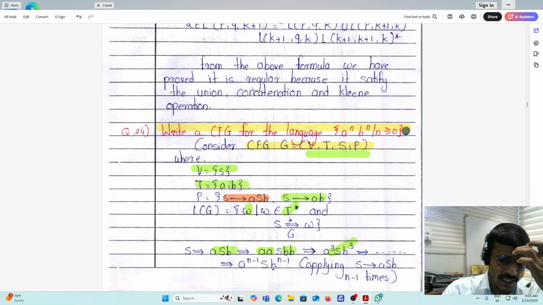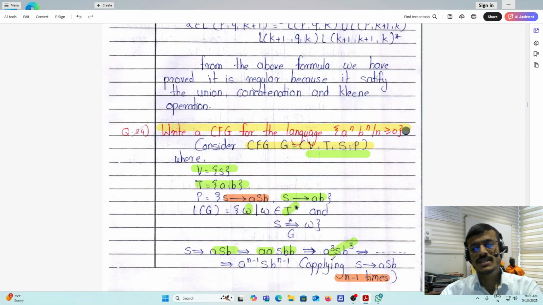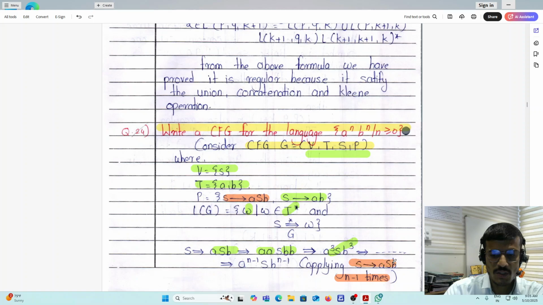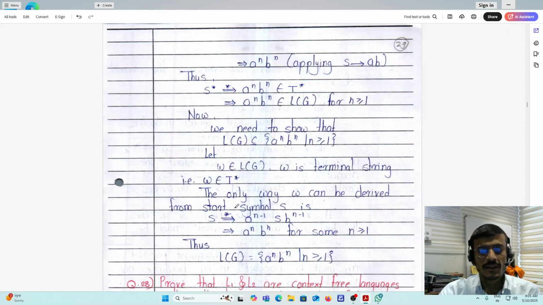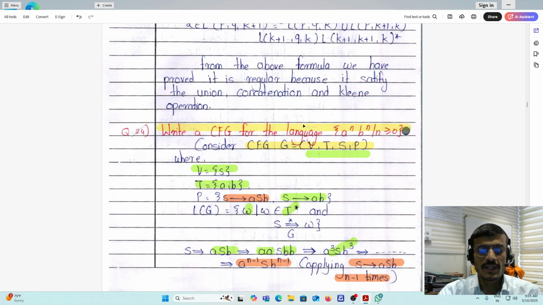So if we apply S tends to aSb for n minus 1 times, it gives us a raised to n minus 1, b raised to n minus 1. Now for a raised to n, b raised to n, after this step we look at S tends to ab.